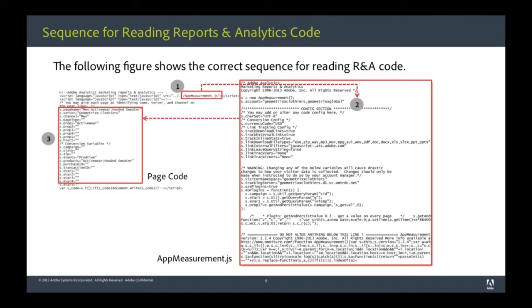Third, the specific traffic and conversion variables are read from the page. The s.t function on the page executes and starts creating the image request in step 4. In step 5, plugins execute and contribute more values to the image request. Finally, the image request is made and the data is sent off to Adobe.